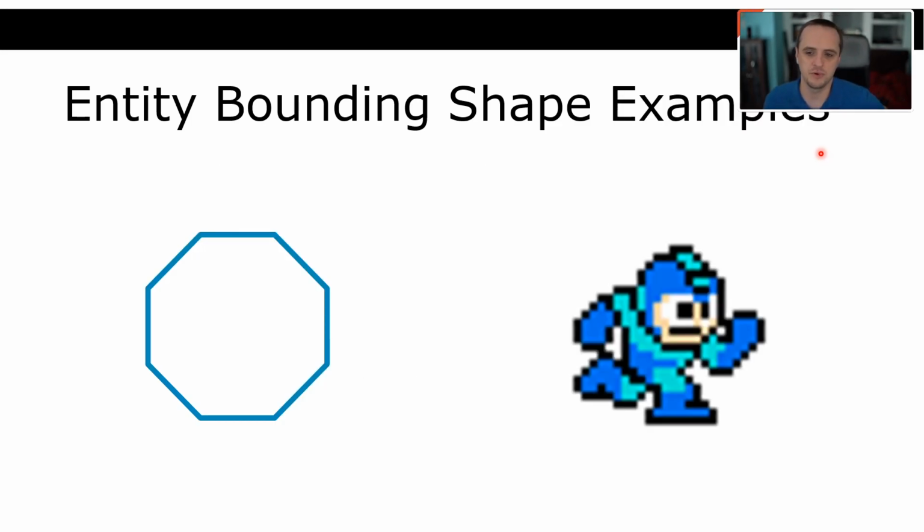Let's say, for example, we have the case of Mega Man over here, or we have the case of assignment 2, where we have an octagon for the player. In one case we have an octagon, in one case we have Mega Man. We're going to create shapes that closely resemble what you would intuitively think of as the bounding shape, or how things would interact with this.